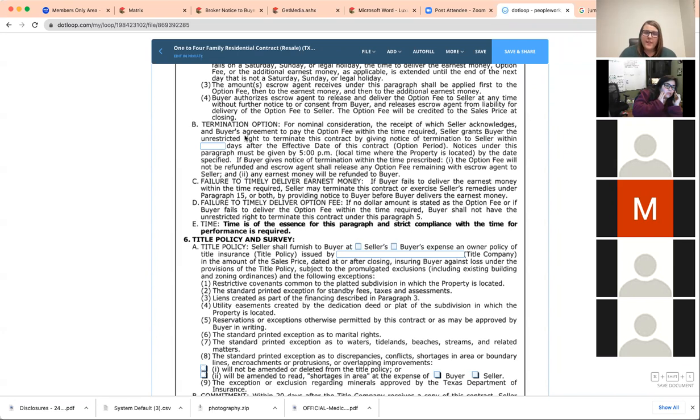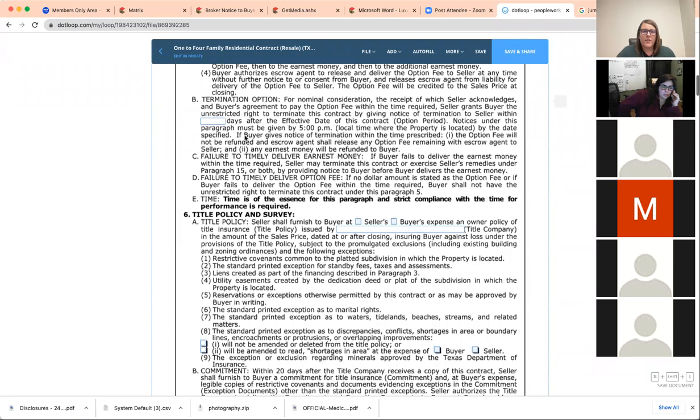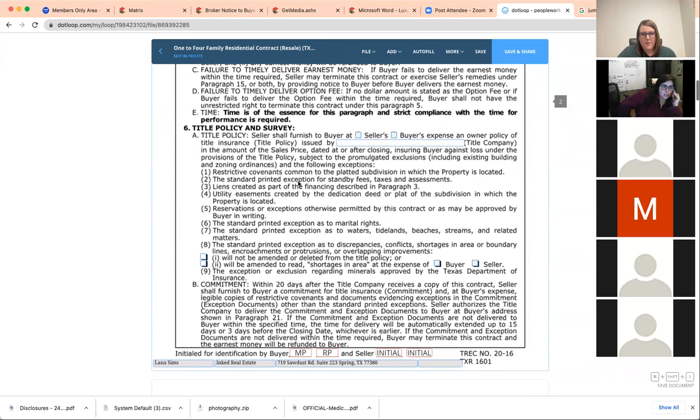And then failure to timely deliver the option fee: if the buyer fails to turn it in a timely manner, then they don't have the right to terminate anymore. So that's obviously really important. If they do plan to have an option and don't pay the money on time, they don't get to cancel the contract based on the option period.